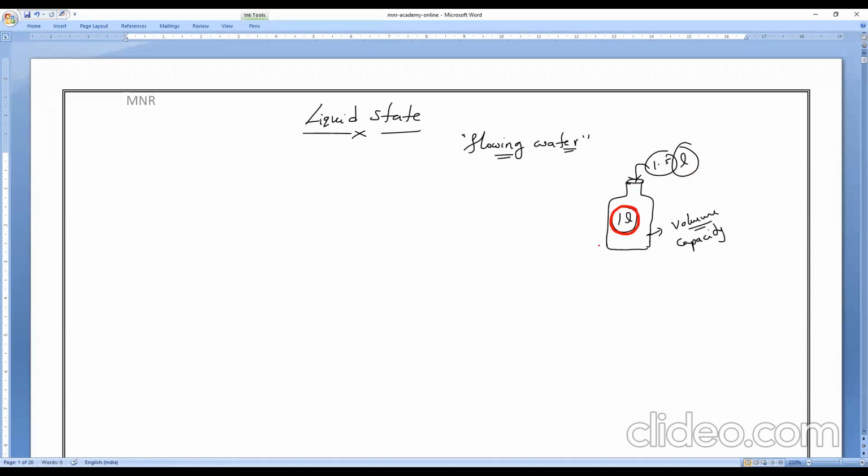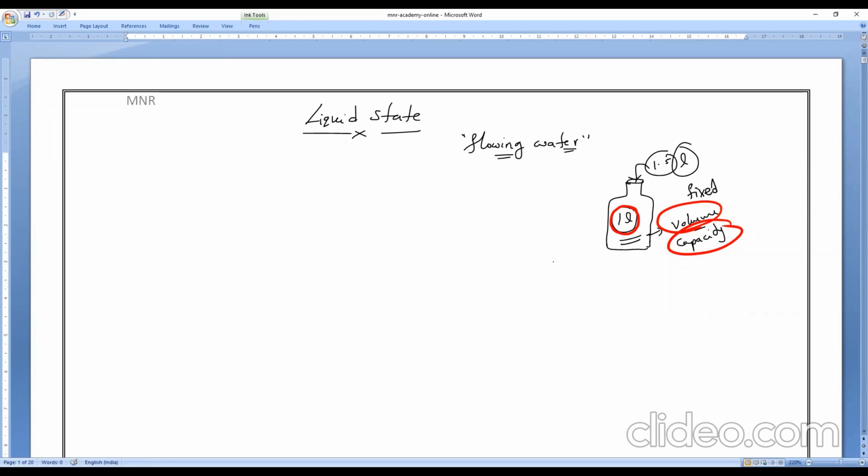Everybody, the volume of a liquid is constant or not? Please respond, everybody. Yes or no? Yes. So that is what you have to remember: it is almost incompressible and has a fixed volume.